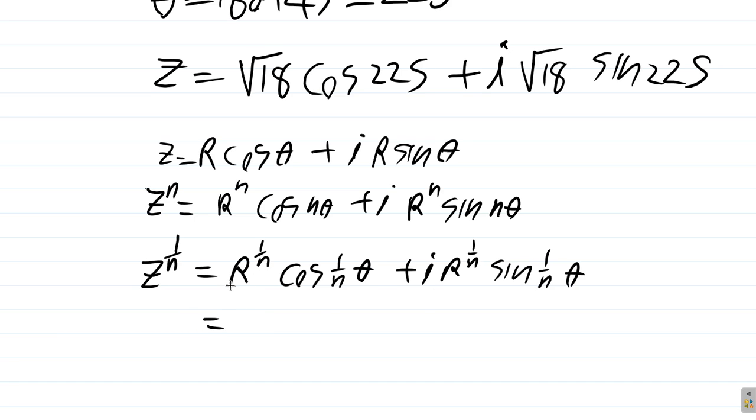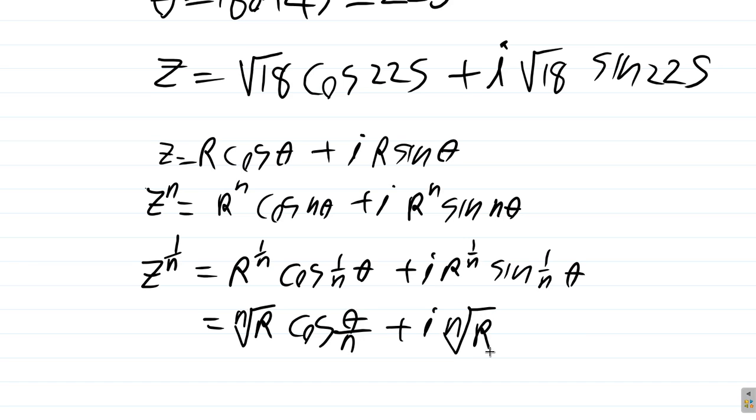This would be the same as r to the 1 over n, meaning the nth root of r, cos 1 over n times theta, which would be theta over n, right? Plus i nth root of r sine theta over n. Okay? But remember, this is the basic formula for De Moivre's theorem.